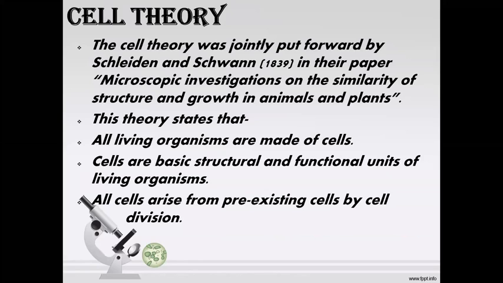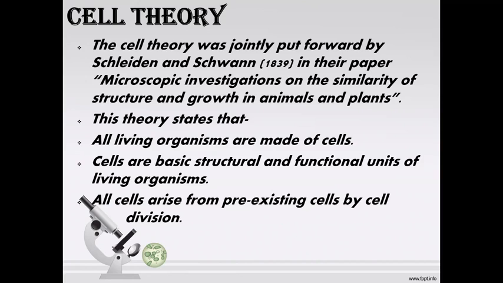Cell theory. The cell theory was jointly put forward by Schleiden and Schwann in the year 1839 in their paper named Microscopic Investigations on the Similarity of Structure and Growth in Animals and Plants. This theory states that all living organisms are made of cells.